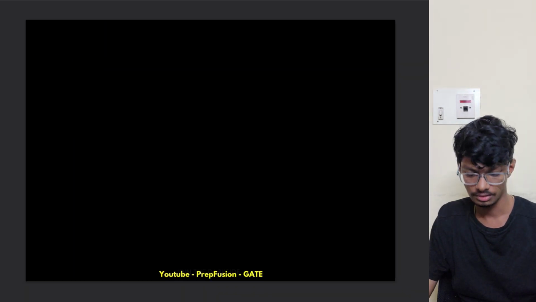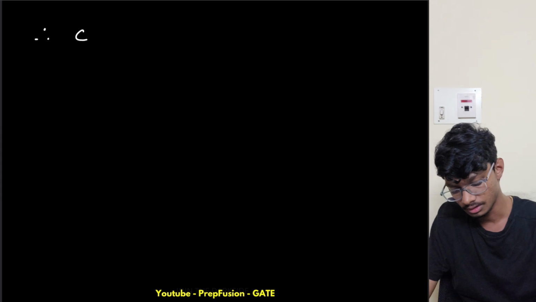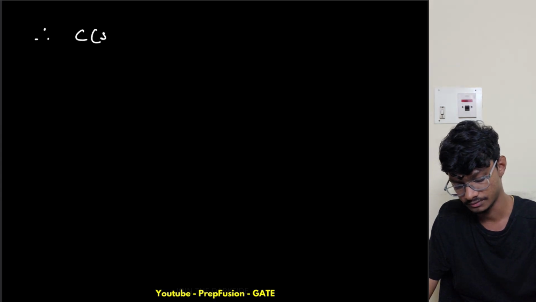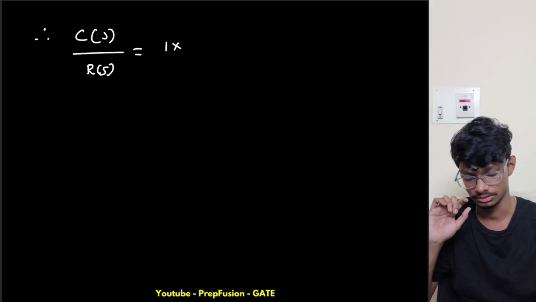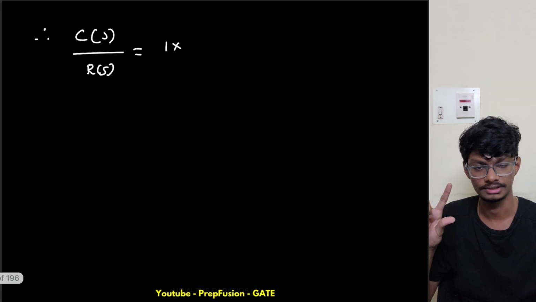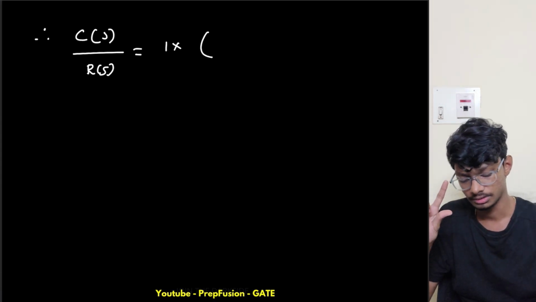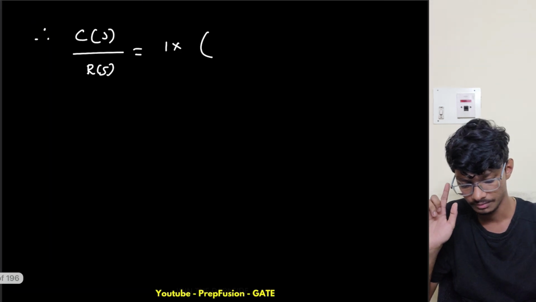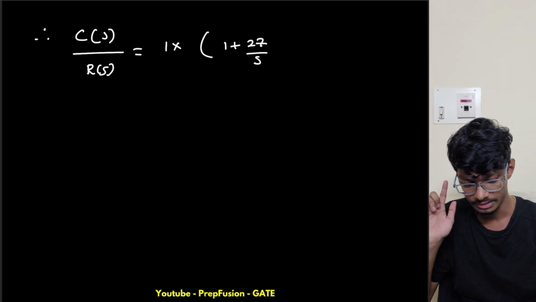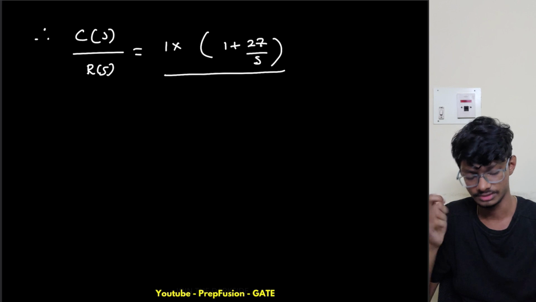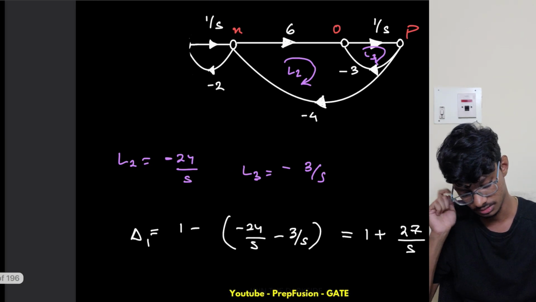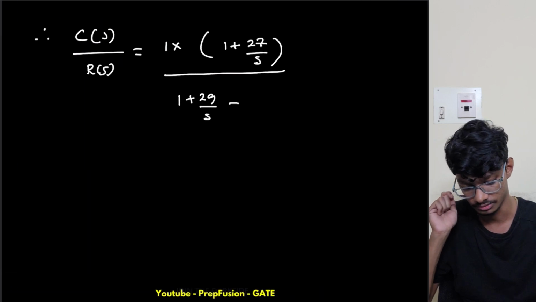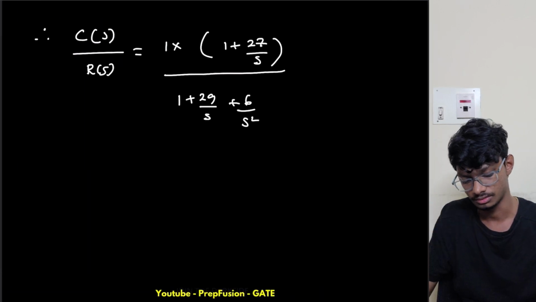So now let us find the expression for the transfer function C of s by R of s, which equals this loop path gain, that is 1 only, times the associated loop gain factor, that is 1 plus 27 by s, over the determinant of the SFG, which is 1 plus 29 by s plus 6 by s square.